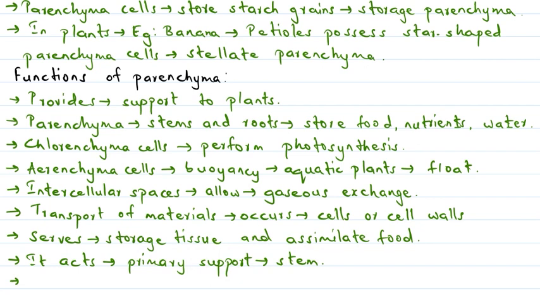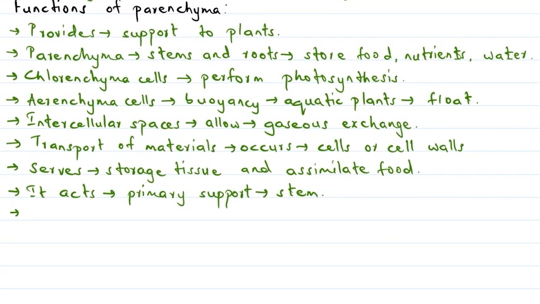Then apart from this, the parenchyma tissue helps to store waste products of plants like gums, resins, tannins, etc.